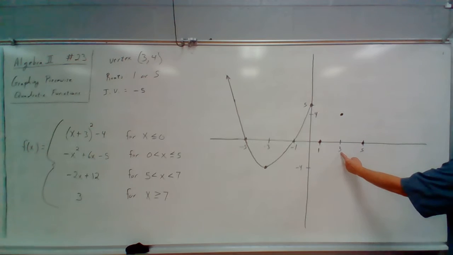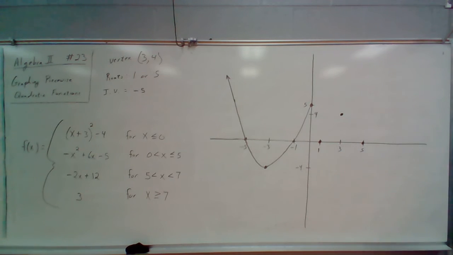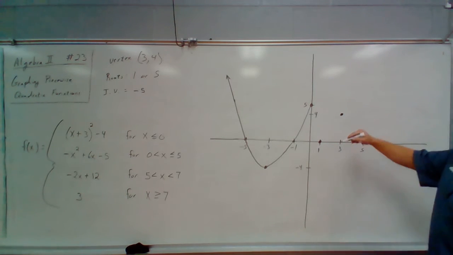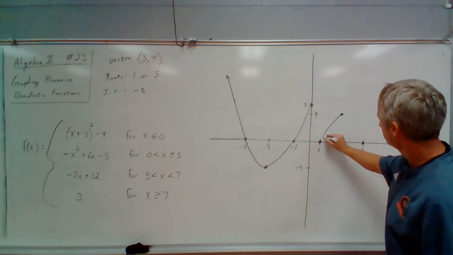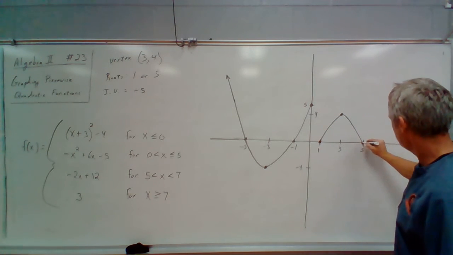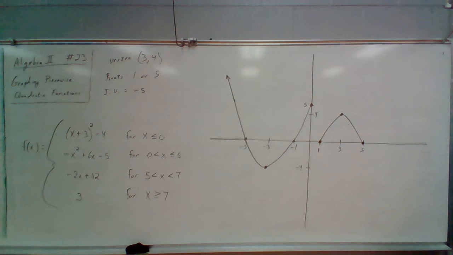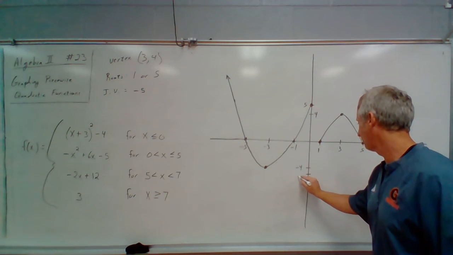Here. 3 is exactly in between 1 and 5, just where it should be. It opens down. It should look like this. Pretty nice. My initial value is at negative 5.